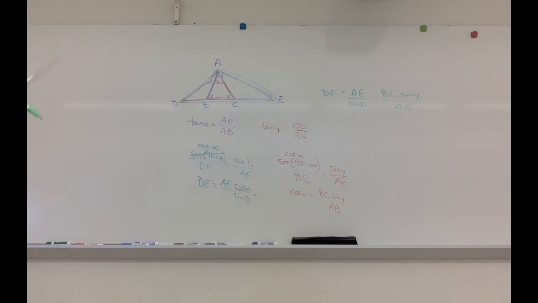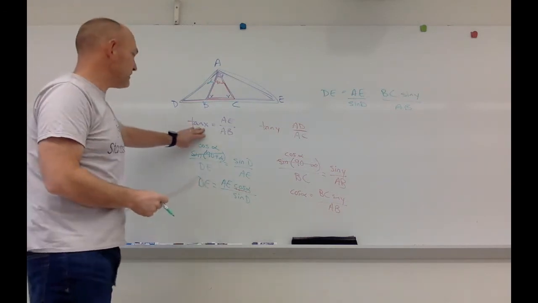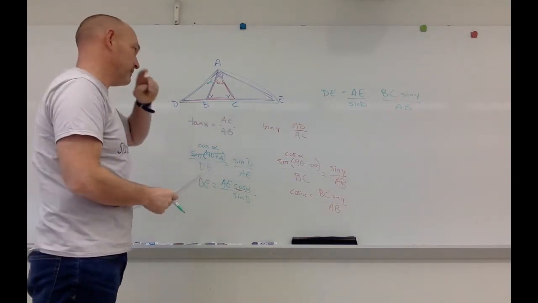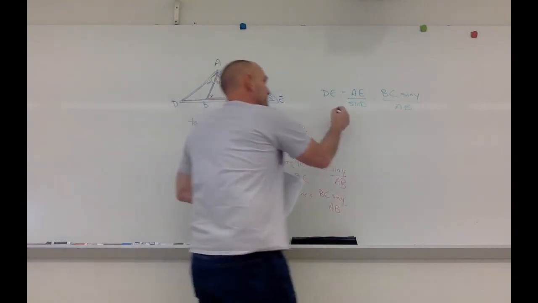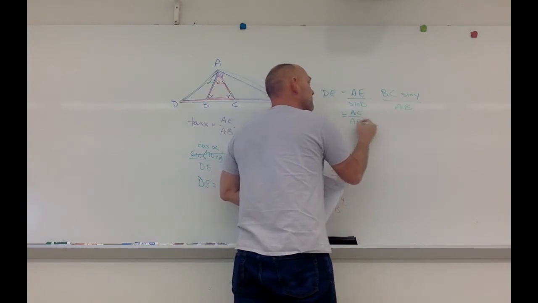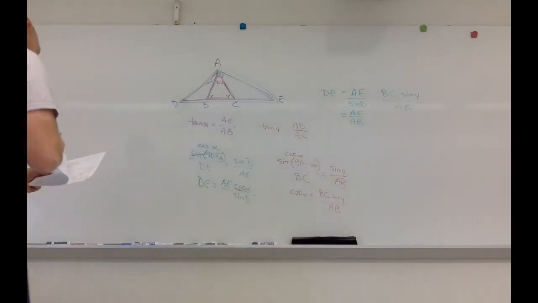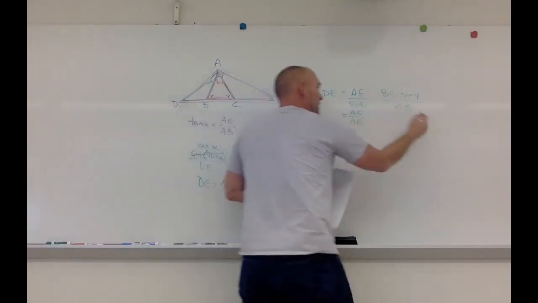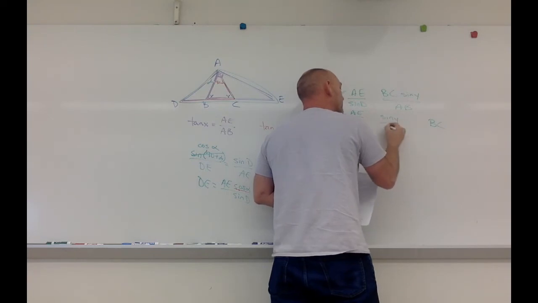Now that I look at that, remember, I'm trying to get the tan of x and the tan of y into it. As I look at it, I have an AB and an AE. I could shuffle these, and then I would have AE over AB, and then I'd have this extra BC, which is okay because I need the BC on its own, so I'll put that over here, and then I have the sine of y over AB as that middle.